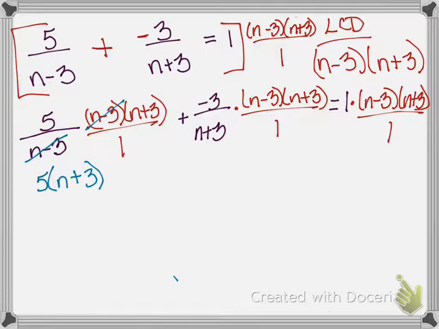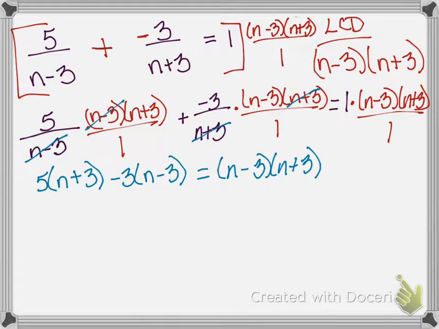My next one, I've got n plus 3 and n plus 3. They cancel. I'm left with negative 3 times n minus 3. Then I've got n minus 3 times n plus 3.